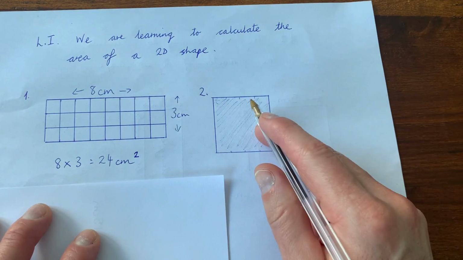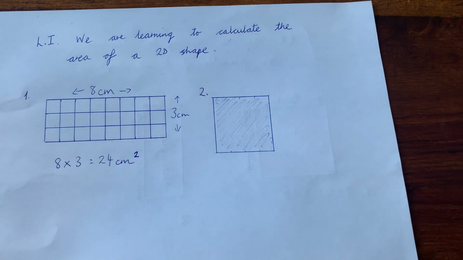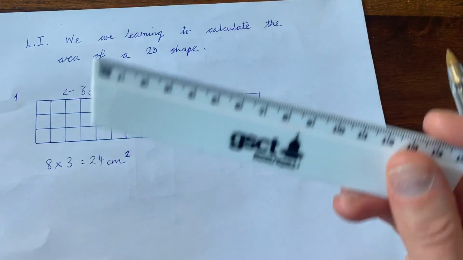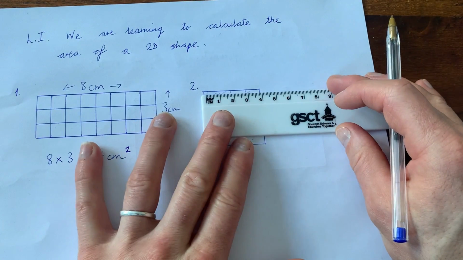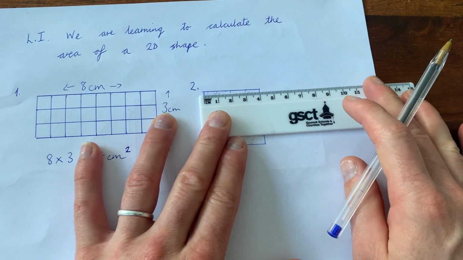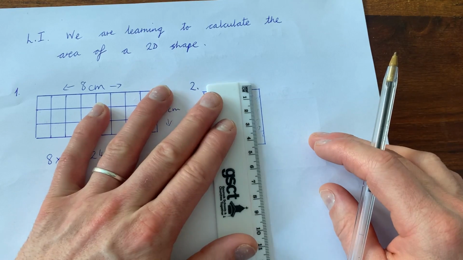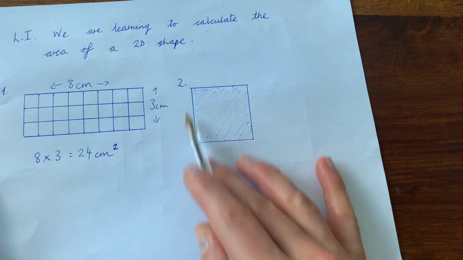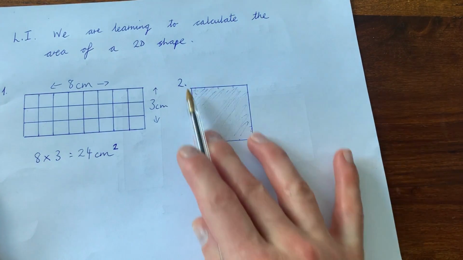Number 2 isn't quite so easy because we can't just count squares this time. So again, we're going to use a ruler. We can see here that this shape is 4 centimeters in length, and it's also 4 centimeters in height. So this is a square because all the sides are the same.